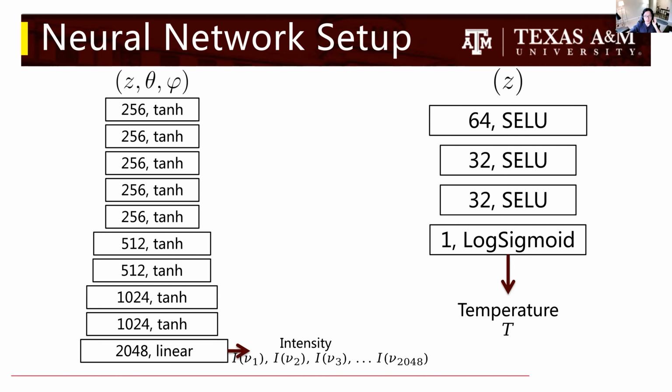We did this because in our radiative transfer equation, we do not have a partial derivative term for the frequency. So we don't need to do numerical differentiation for the output of the neural network. The temperature neural network is still the same.